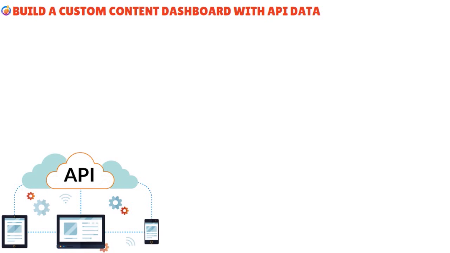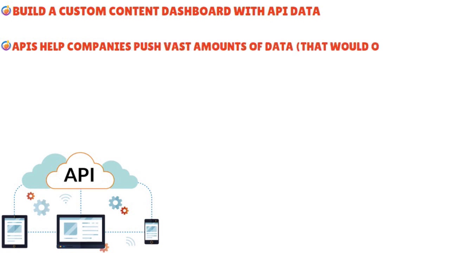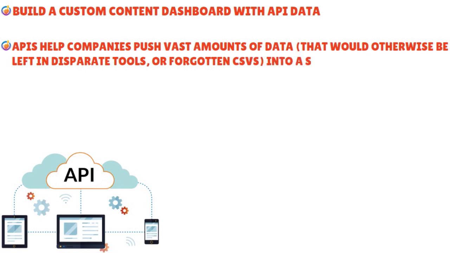Now, APIs do a lot of great things. They help companies push vast amounts of data that would otherwise be left in separate tools or forgotten CSVs into a single dashboard. And this push actually enables marketers to view complementary data sets across multiple campaigns all in one place.